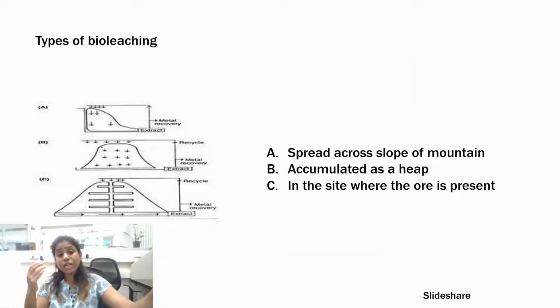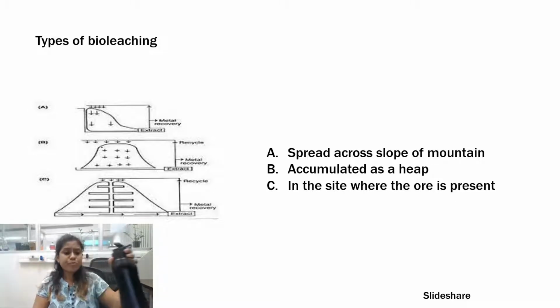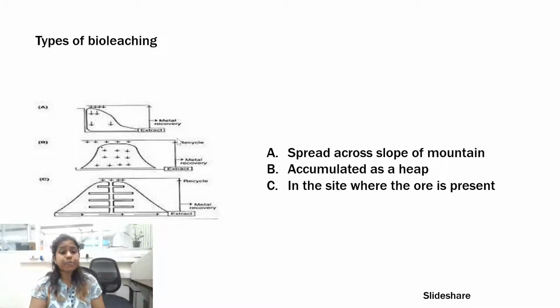There are different types of bioleaching. The most common three types are slope bioleaching, heap bioleaching, and in situ bioleaching. Slope bioleaching includes putting the metal ore across a slope, like a mountain or something that's closer to the area where it is found.